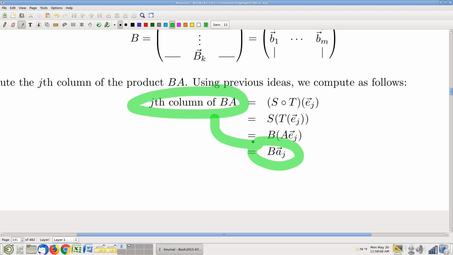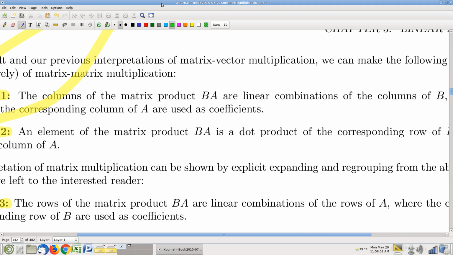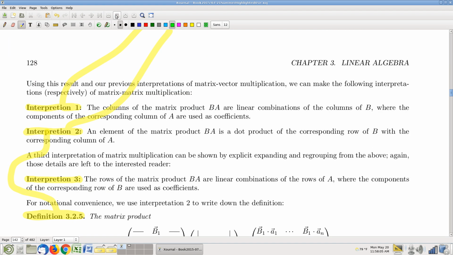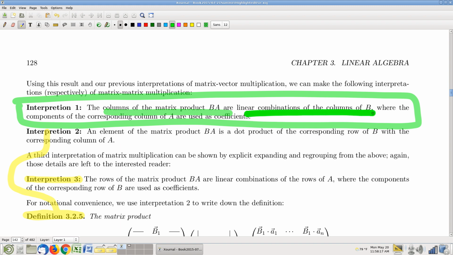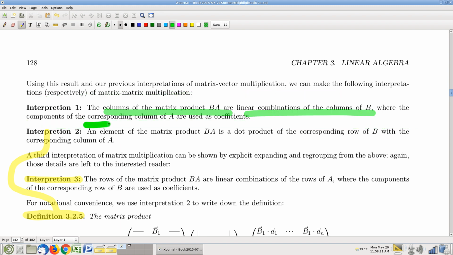And this is what I have down here as interpretation 1.